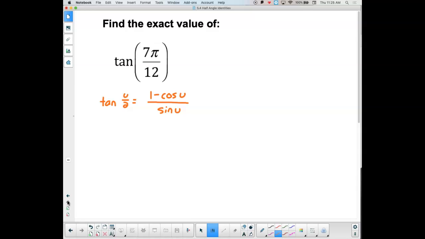Easier denominator. Okay. So this is the tangent of 7 pi over 6 divided by 2.